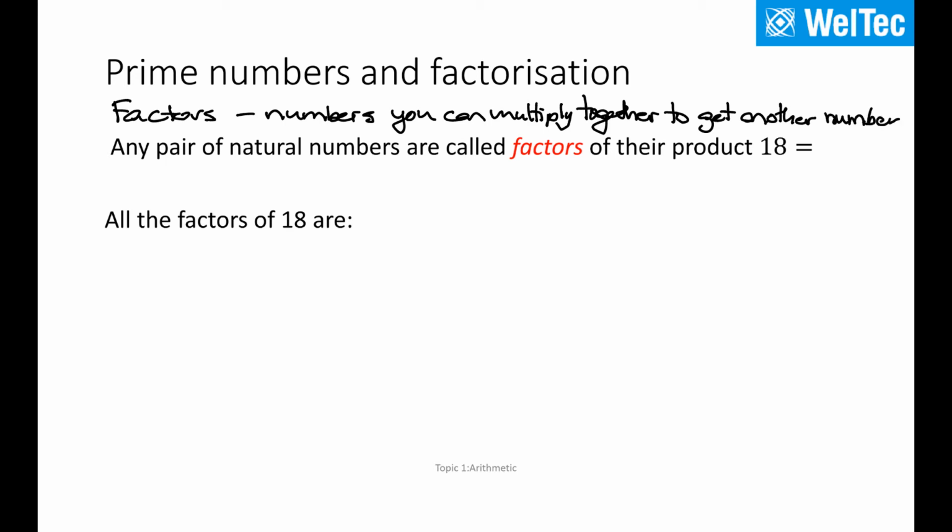For example, if we look at 18, 18 is going to be 6 times 3, or 18 times 1, or 2 times 9. 2 and 9, or 18 and 1, or 6 and 3 are factors of 18. So all of the factors of 18 are 6, 3, 18, 1, and 2, 9.